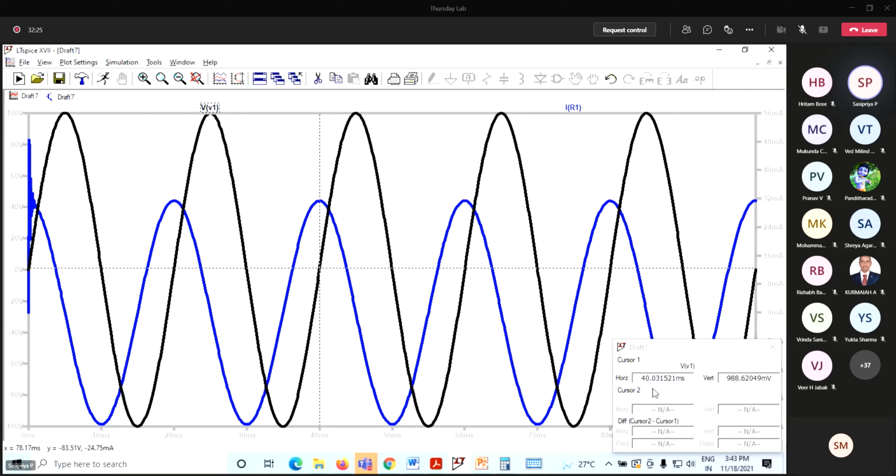This is 40.03 milliseconds, the black color waveform. Okay, so 40 milliseconds, and this is 35.06 milliseconds. Probably around 6 milliseconds is the value we are getting, right?